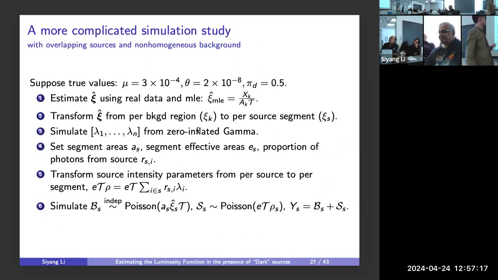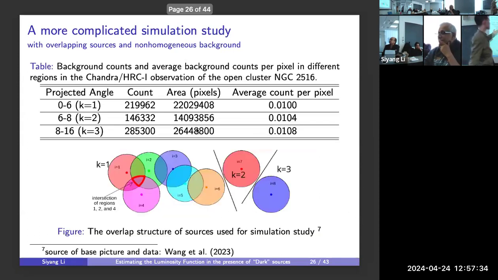So in this simulation study, we now consider the overlapping source regions and the inhomogeneous background regions, and we simulate the data using similar steps, except now we use some real estimates of the pure background count.